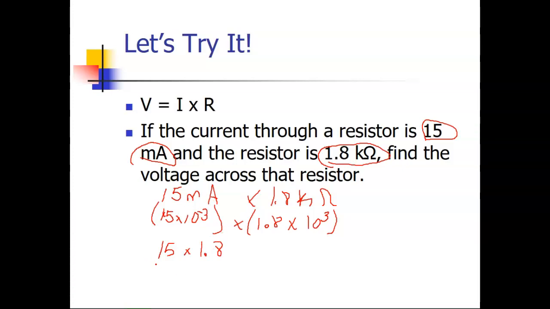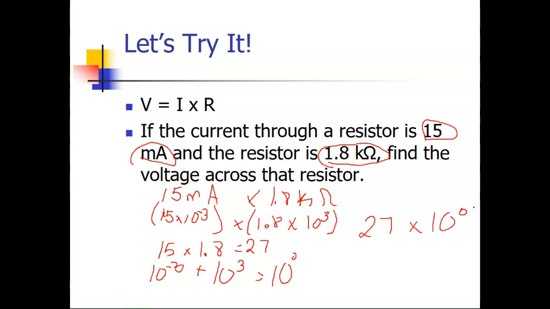What does multiply mean? Plus 10 to the third. So basically this ends up being 10 to the 0. What's 15 times 1.8? 27. Okay. So I end up with 27 times 10 to the 0.